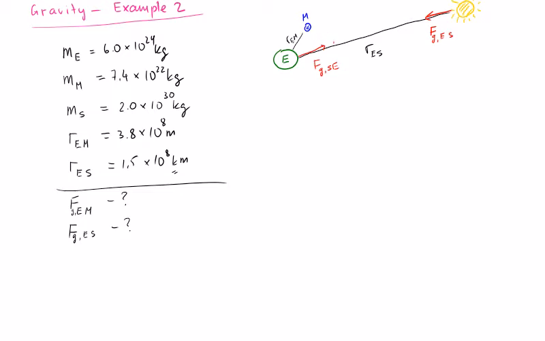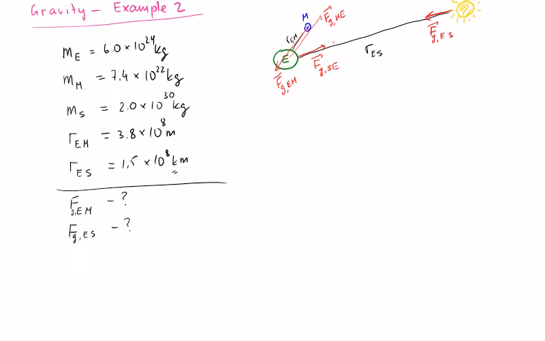I wanted to put the vector sign. Now we have the gravitational force of the moon on Earth, a little bit larger. Well, the same thing will be in the opposite direction, but the same magnitude. So let's not forget the vector signs here. We want to compare these two.